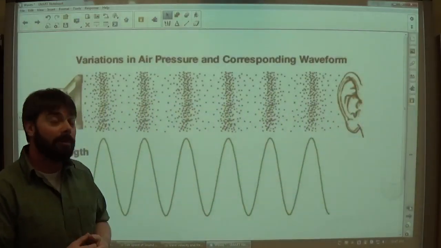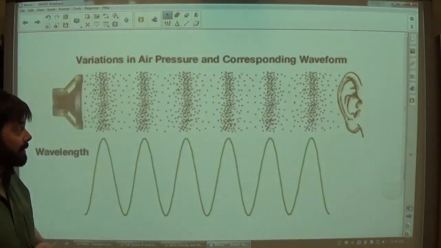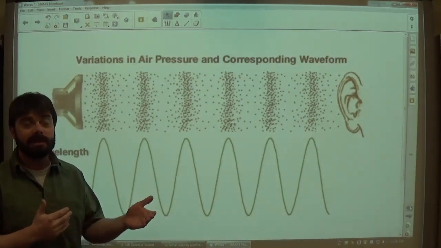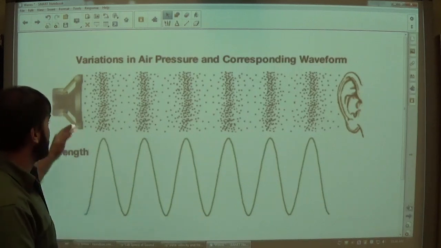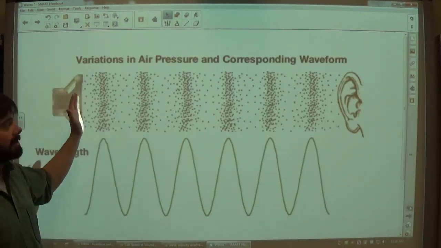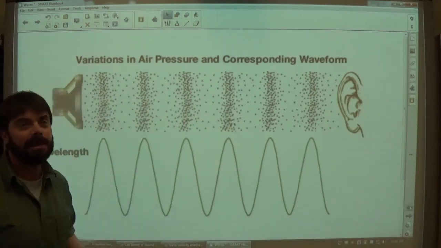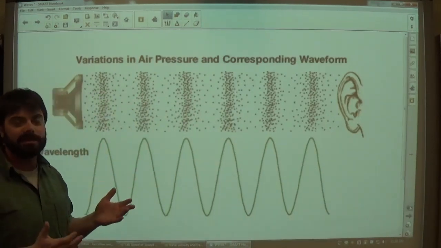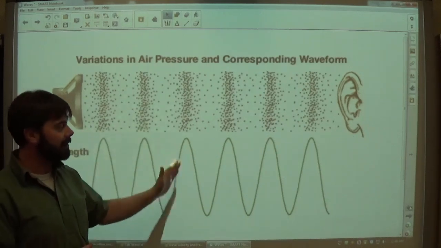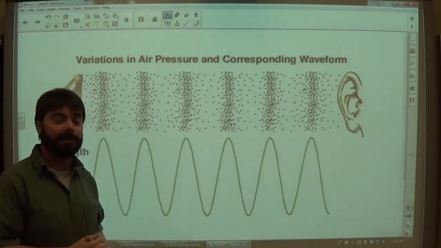So what we have here is a model that's trying to show what an actual sound wave would look like. If you look at the item that's producing sound here, they show a speaker, and then the ear obviously receiving. I think sometimes the misconception as we've been talking about waves is that all waves travel up and down in some sort of an oscillating pattern.